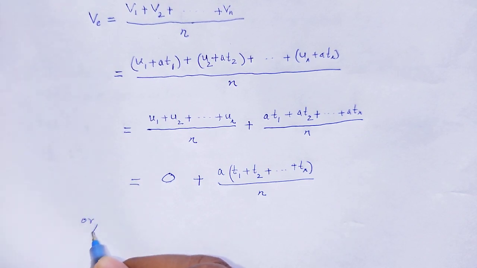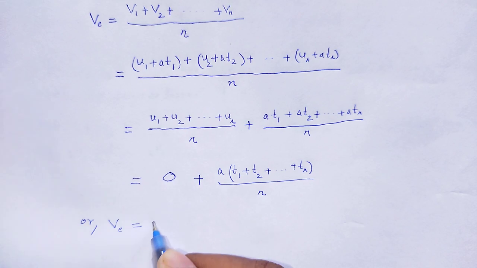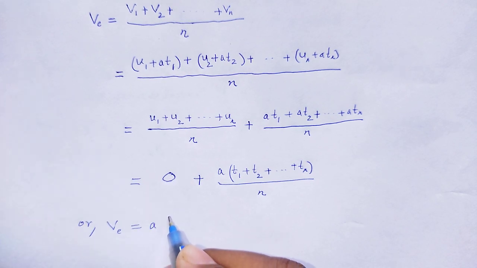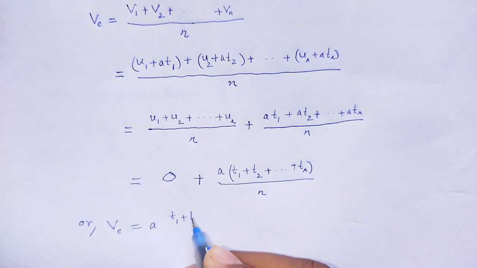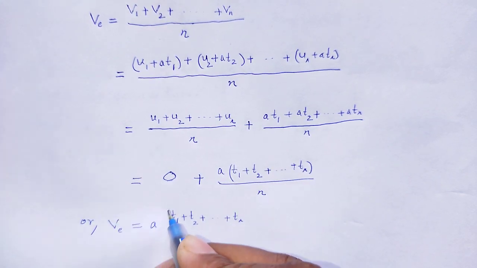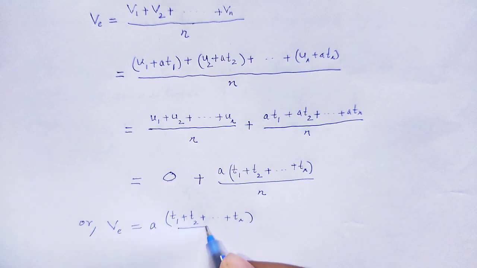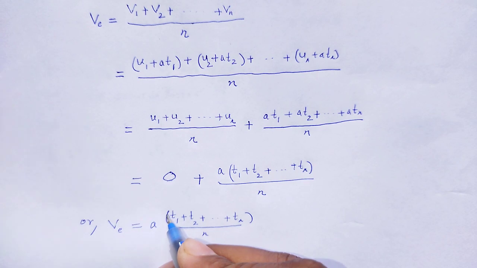Or V_E is equal to a times (t1 + t2 up to tn) divided by n.